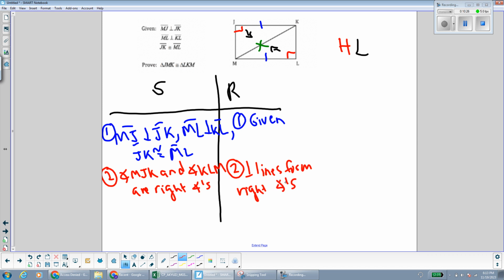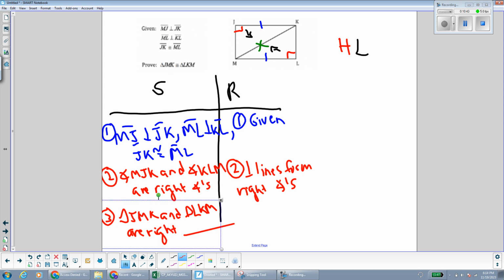So now that we know that we have right angles in each of the triangles, we can definitely say triangle JMK and triangle LKM are right triangles. And we know that that's necessary to say because we are going to be using HL to prove the triangles congruent, and HL only works when we have right triangles.